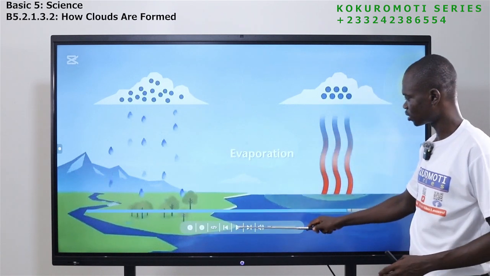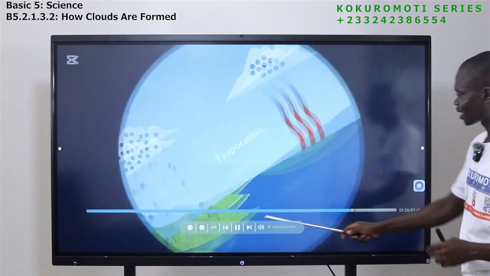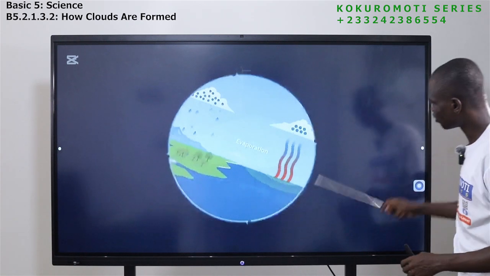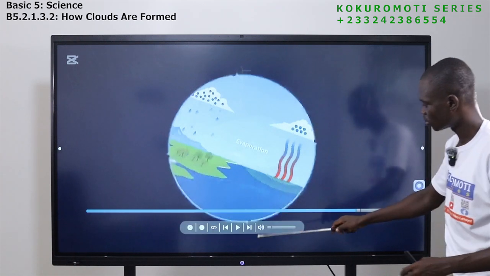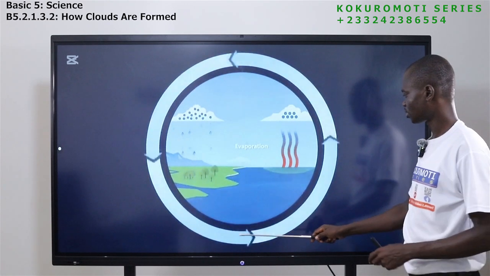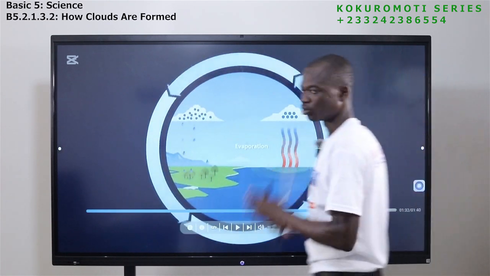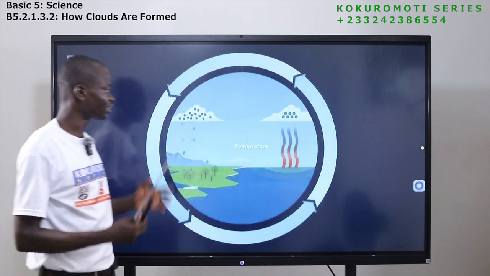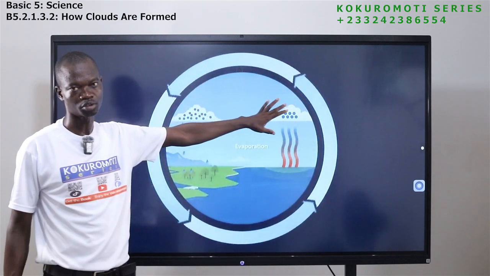So this is how the whole thing looks. So this is the water cycle. You see the cycle, it goes like that. The water goes up and comes down, goes up and comes down. So anytime you hear about the water cycle, this is how it looks. And in the cycle, clouds are formed.